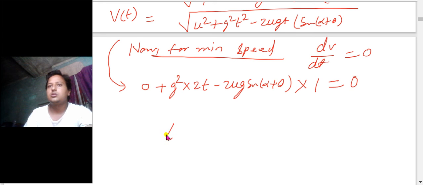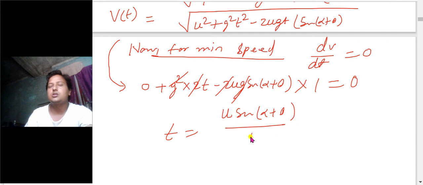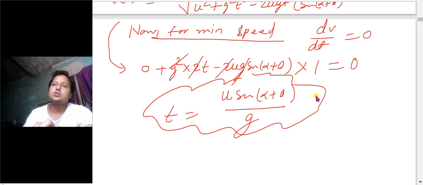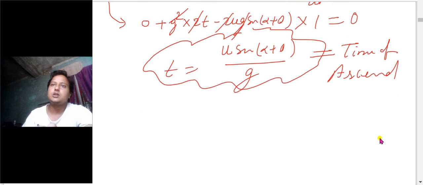So t is what? g gets cancelled, 2 gets cancelled. t is u sin(alpha plus theta) over g. What is this time? This is the time of ascent.